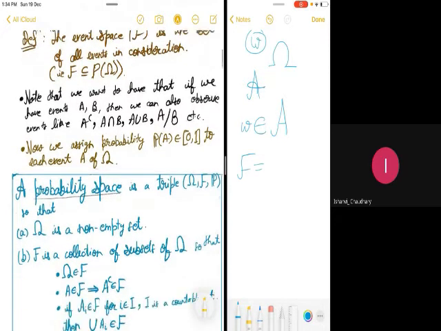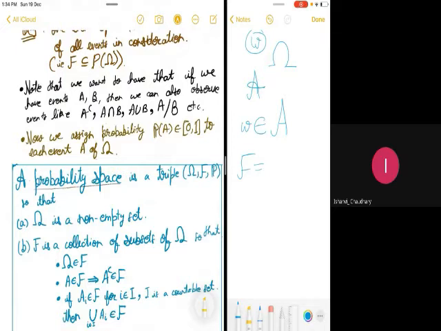And also notice that if we have events A and B, then we can also consider events like A complement, B complement, A intersection B, A union B, and so on.